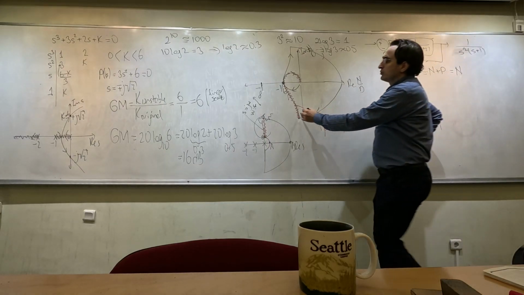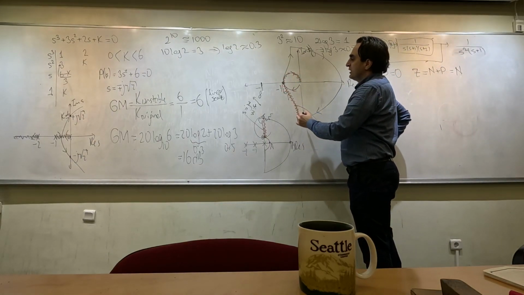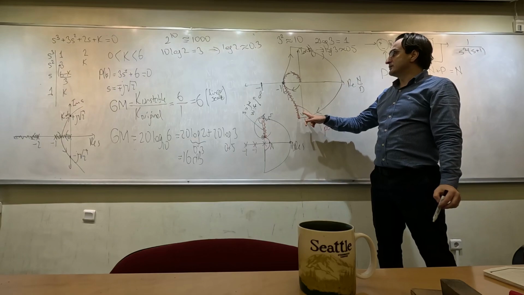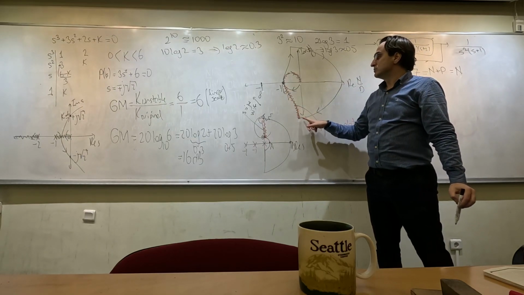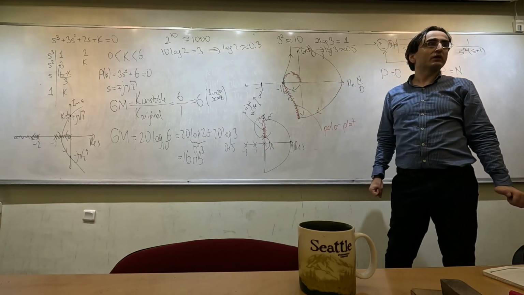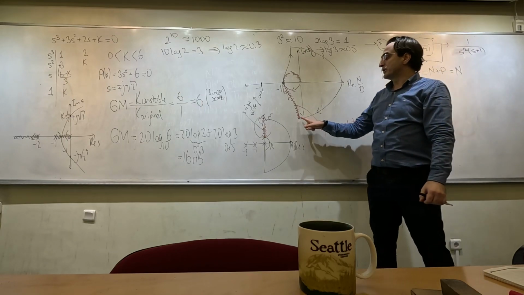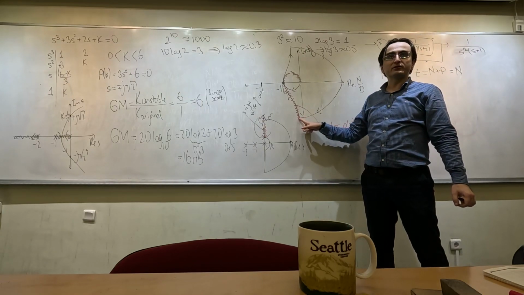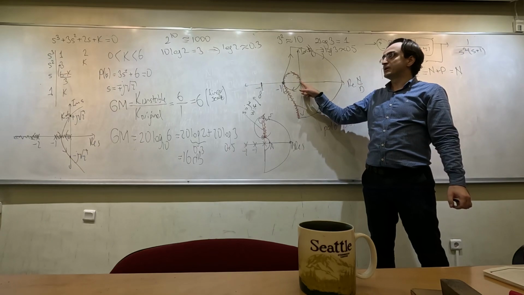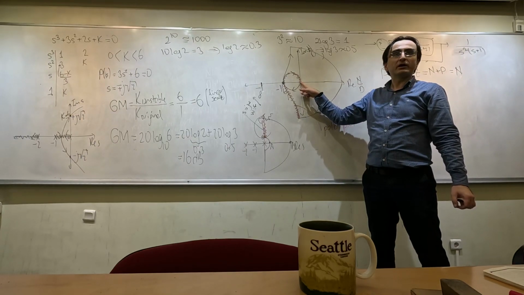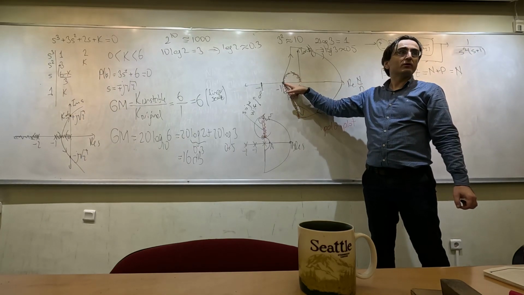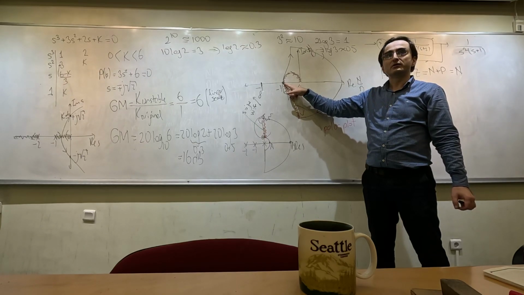This part of the Nyquist plot, as I told you, is the polar plot, and it is drawn for the frequency response of the system. So frequency is 0 here. This is omega equal to 0, and frequency is infinite here. What do you think the frequency is here?